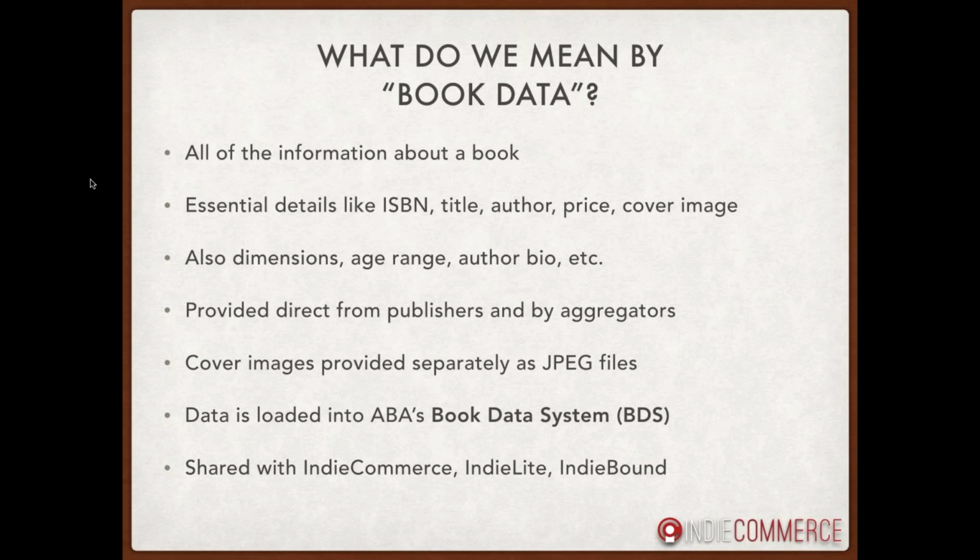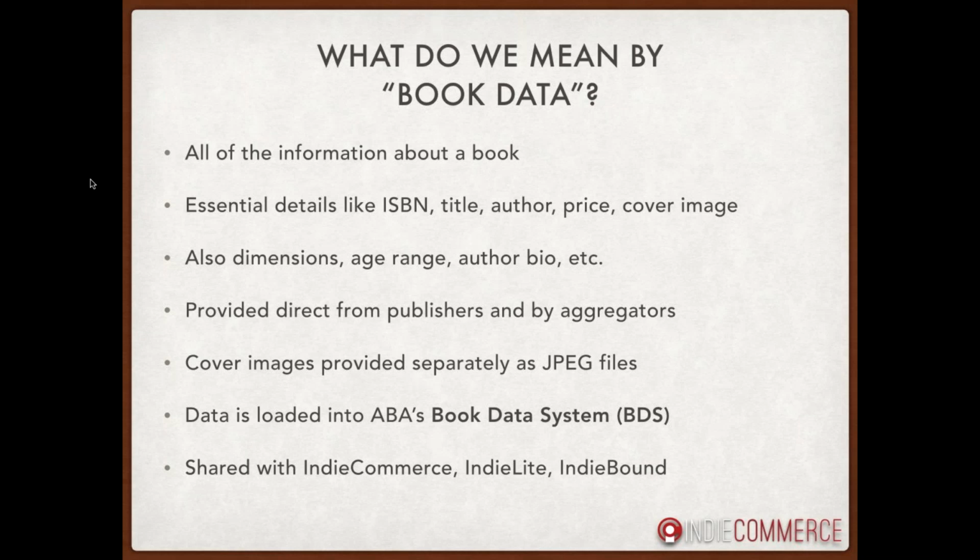To start off with, we'll take a quick look at what we're talking about when we say book data. Literally, we just mean all of the information about a book. That includes things like the ISBN, the title, who wrote it, who published it, how much it costs, cover image. There are probably 50 or 60 different data points that go into just the basics of what a book record looks like in the system.